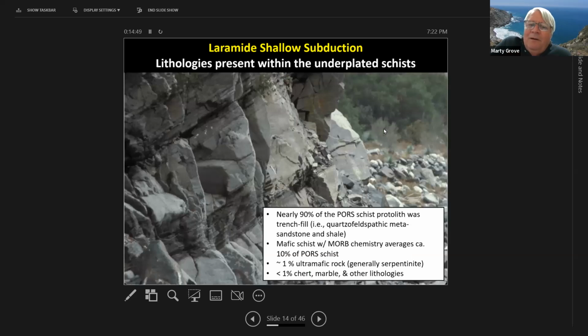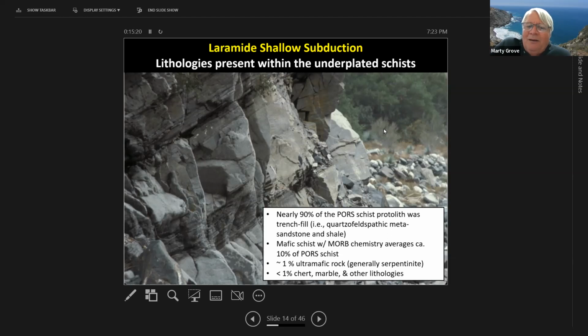There are a lot of common observations that you can make for all of this. Nearly 90% of this underplated schist that we find beneath the mid-Cretaceous continental margin batholith, including as far east as Arizona beneath the craton, is basically trench fill: quartzo-feldspathic metasandstones and shales.